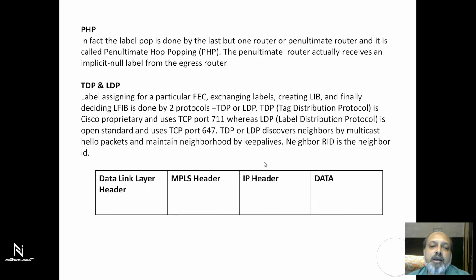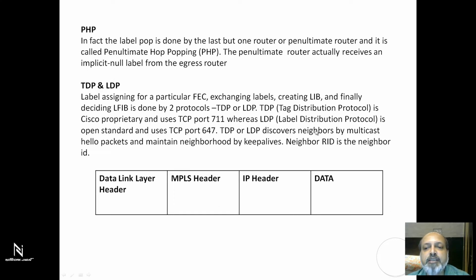Again, EIGRP or OSPF depend on IP, and RIP uses certain ports of UDP. So these forwarding protocols, whether they are MPLS labeling protocols or routing protocols, are in some way dependent on certain ports of either TCP, UDP or IP. Here we see that TDP depends on TCP port 711 and LDP depends on TCP port 647.